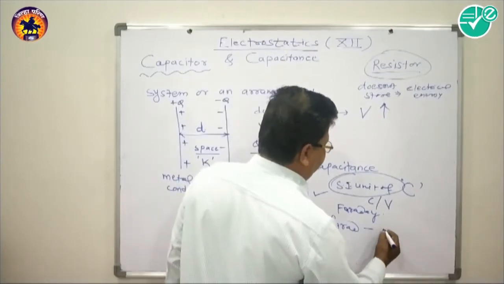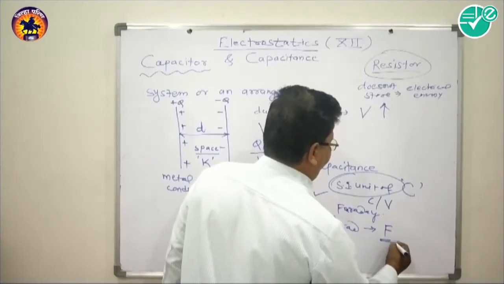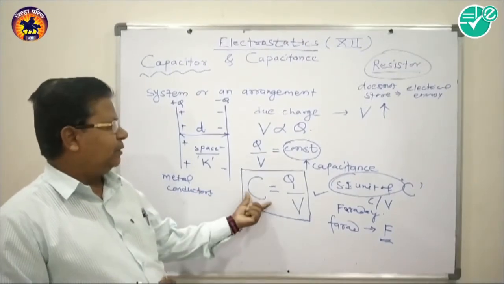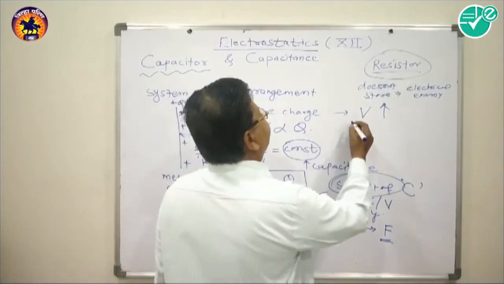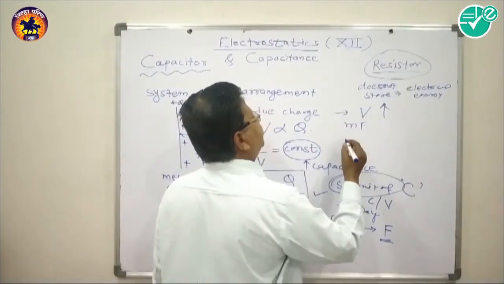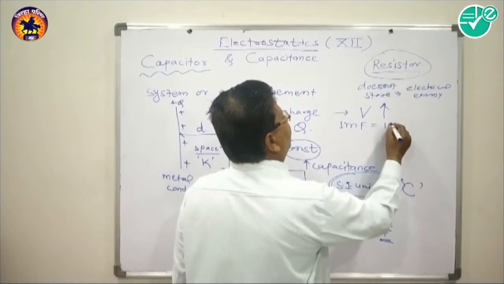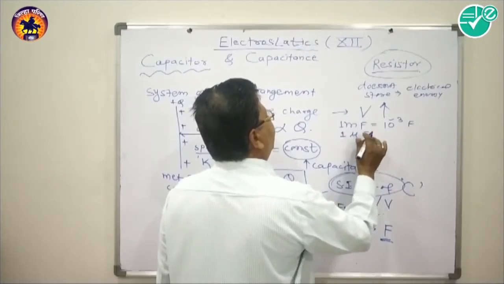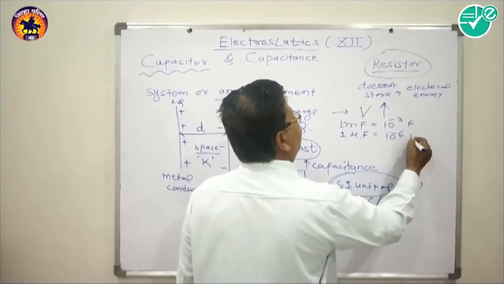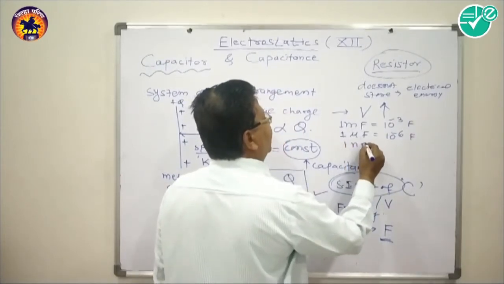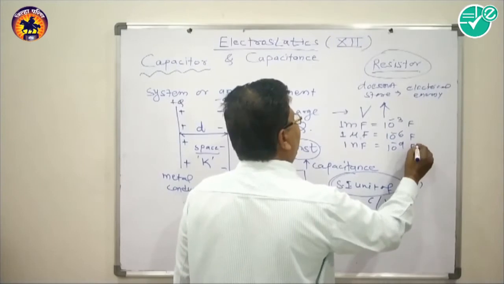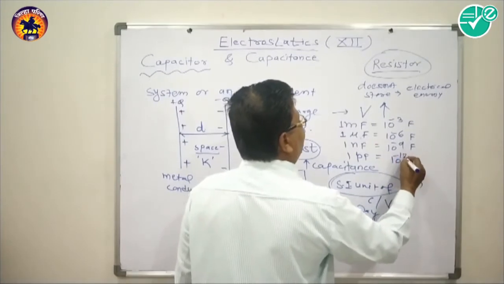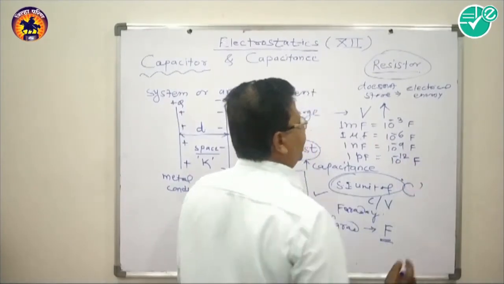So farad is a larger unit, and the smaller units of capacitance of the capacitor are millifarad, so 1 millifarad is equal to 10 to the power minus 3 farad, microfarad, and 1 microfarad is equal to 10 to the power minus 6 farad, nanofarad, which is equal to 10 to the power minus 9 farad, and picofarad, which is equal to 10 to the power minus 12 farad.